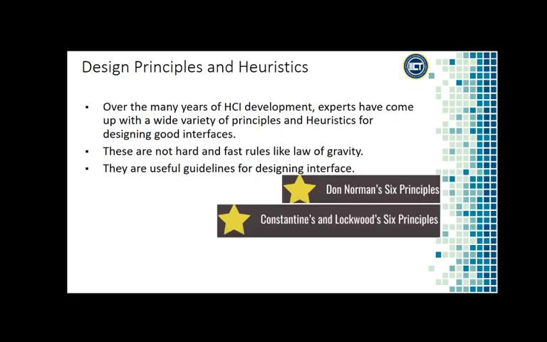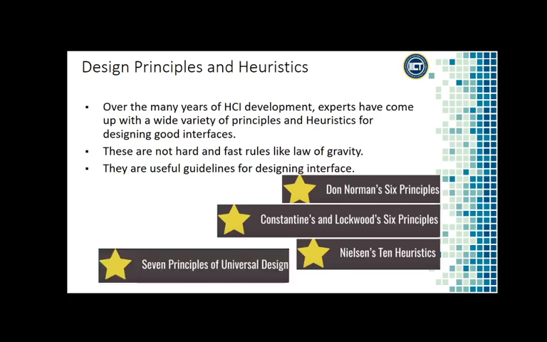Then there is Nielsen's 10 heuristics, which we're going to discuss, and then there are 7 principles of universal design. What I have done is I have shortlisted or compiled 15 unique principles from all these 4 sets of principles. Okay, so we'll discuss it.